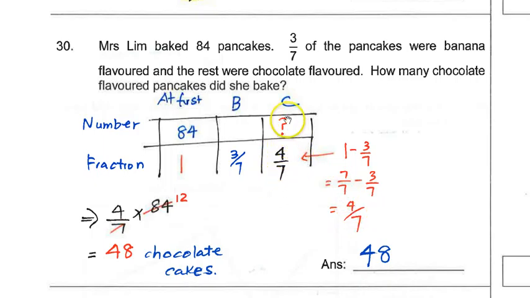So in order to find the number, not the fraction, we have found the fraction, but we need to find the number of pancakes. All you have to do is take 4/7 times the total number you had originally. So 4/7 times 84, if you cancel, is 4 times 12, which is 48 chocolate pancakes. So this question mark here is 48. Alright, so your answer is 48.